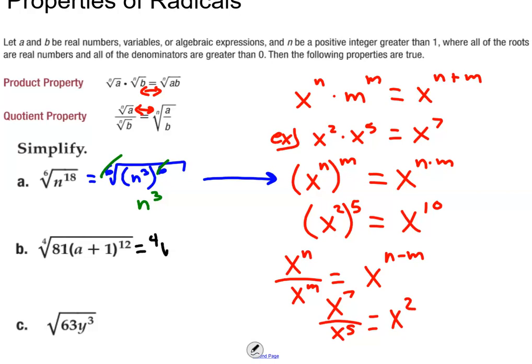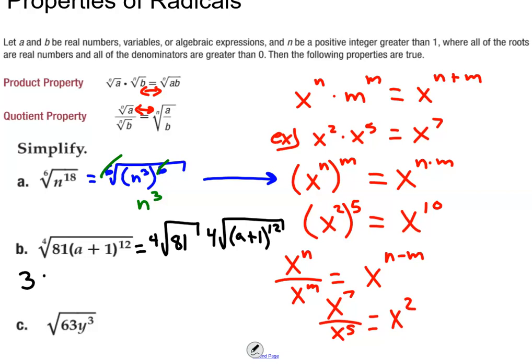So I'd take the 4th root of 81 like that, and then I would have the 4th root of a plus 1 to the 12th. Okay, I'll bring it down here to the left. So we could probably do the 4th root of 81 already. That would be 3. So you have 3 times 3, which is 9, times 3, which is 27, times 3 a 4th time, which is 81. So that would be 3.